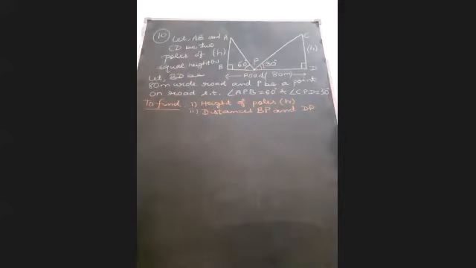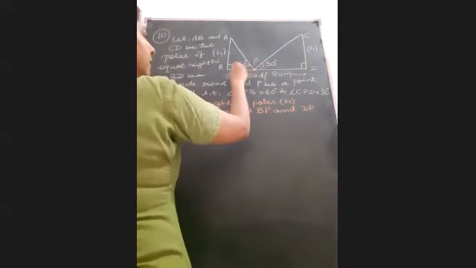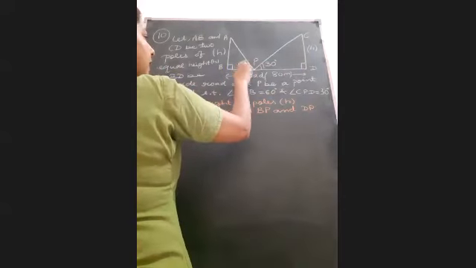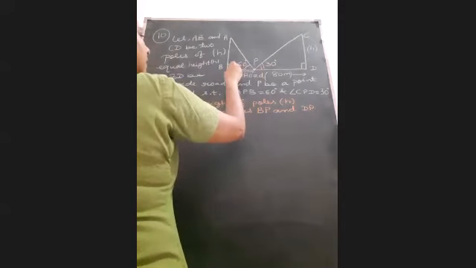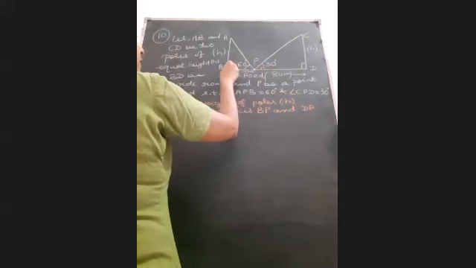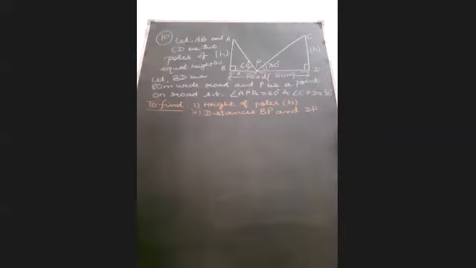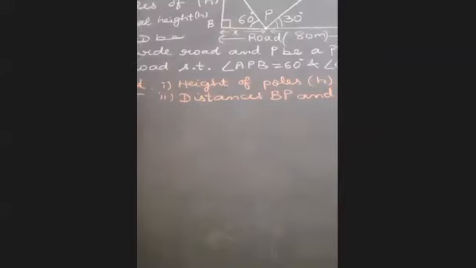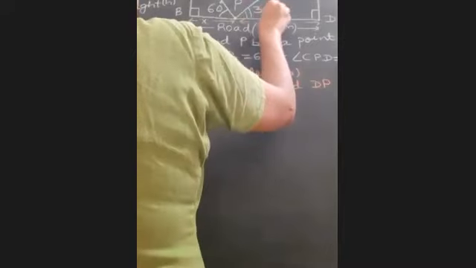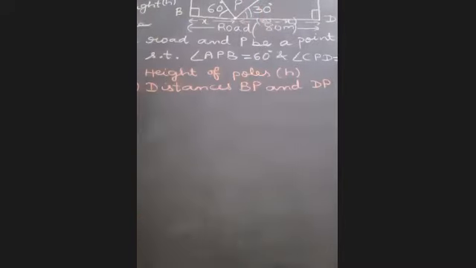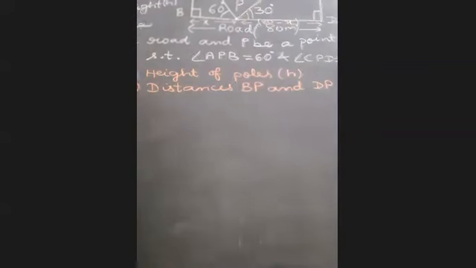So let us take, let's say, this is X. So what will be this distance? If I am taking this to be X, it should be 80 minus X. Then only we can have some side of the triangle and continue solving the question. Clear?